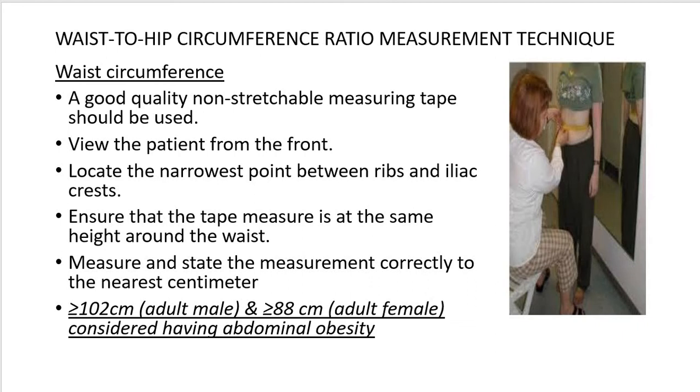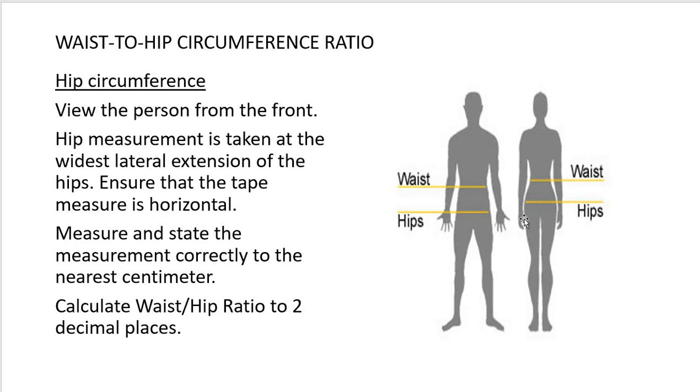Here patient means the subject whose waist measurement we are taking. Then locate the narrowest point between the ribs and iliac. Between ribs and iliac means just below the ribs. Here you can see the iliac in this picture.